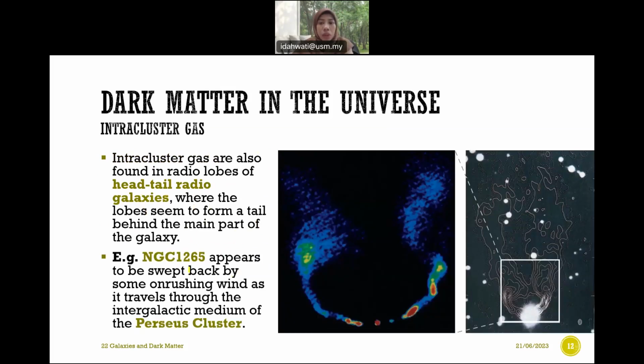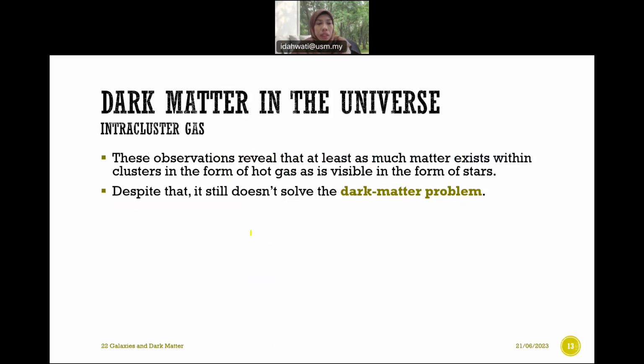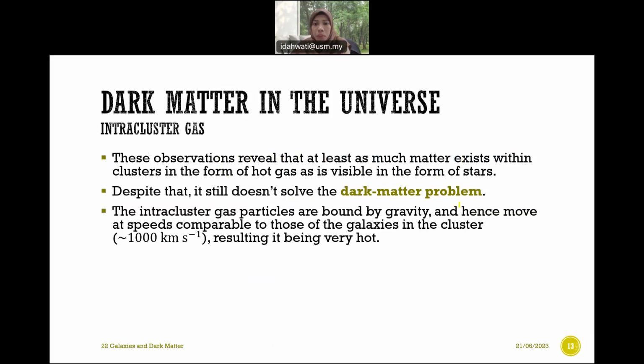For example, here we have NGC 1265, which appears to be swept back by some onrushing wind as it travels through the medium of the Perseus cluster. This observation reveals that at least as much matter exists within the cluster in the form of hot gas, and it still doesn't solve the dark matter problem.